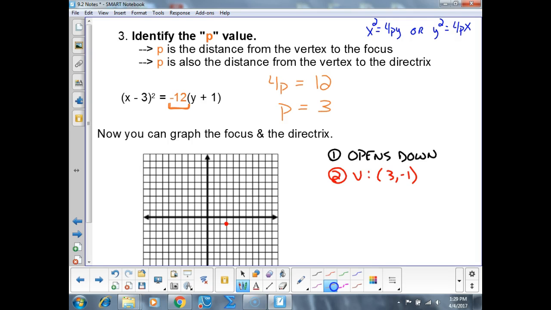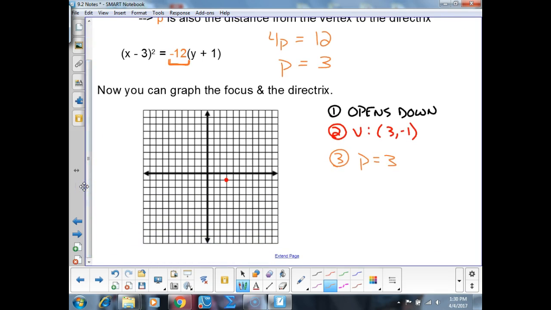So since p is 3, that is the distance from my vertex to my focus, and from my vertex to my directrix. So now what I can do is, on my graph, since p is 3, and that's a distance, because I'm opening down, I'm going to go from my vertex down to get my focus.